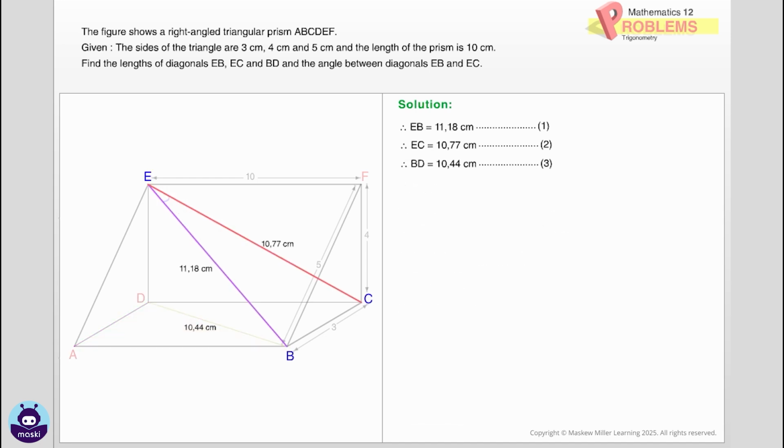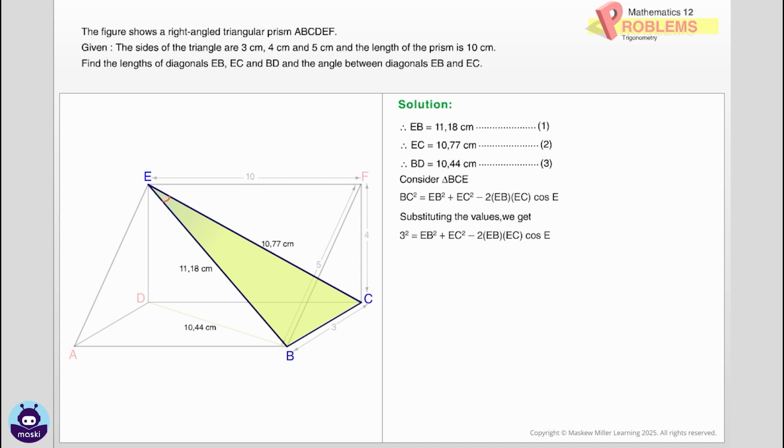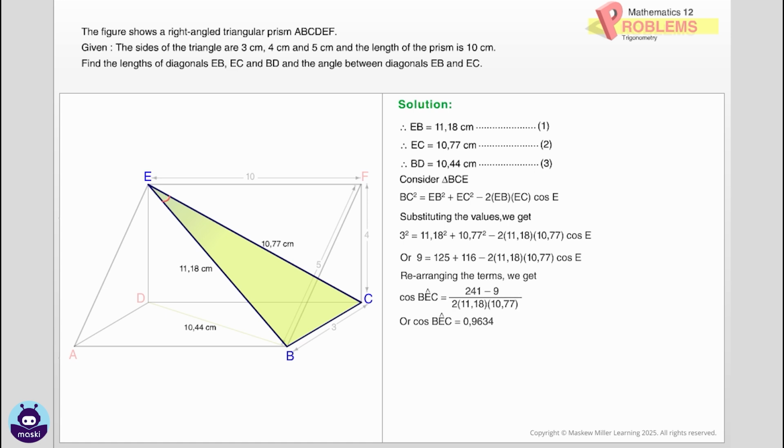Now, to find the angle between the diagonals EB and EC, consider triangle BCE. We can apply the cosine rule to find the required angle BEC. BC square equals EB square plus EC square minus 2 times EB times EC times cos E. Substituting the values and rearranging the terms, we get cos angle BEC equals 0.9634.